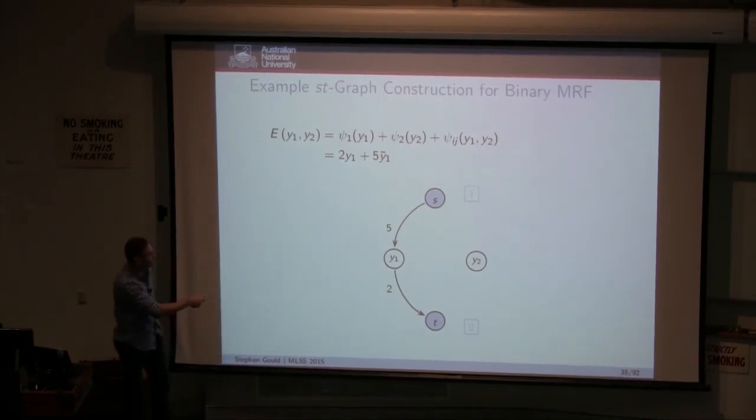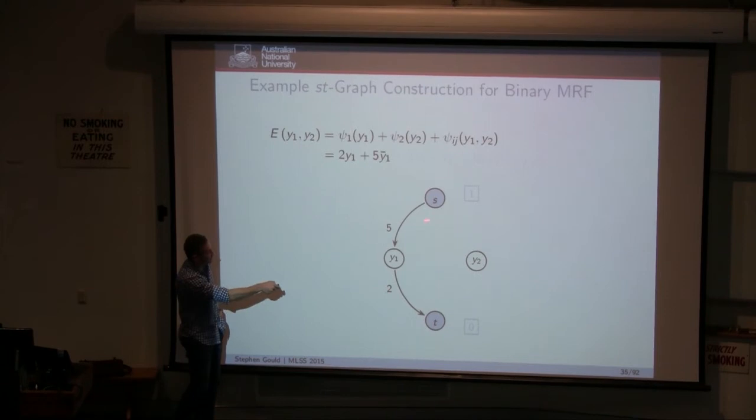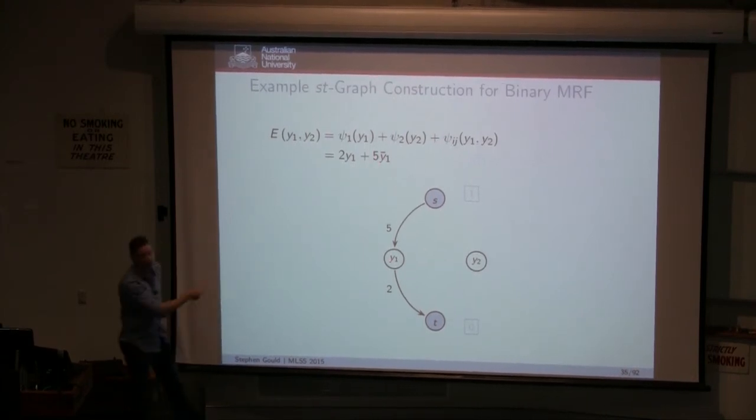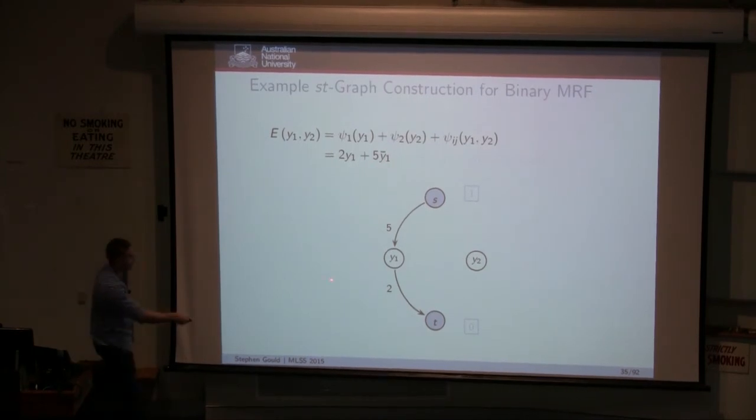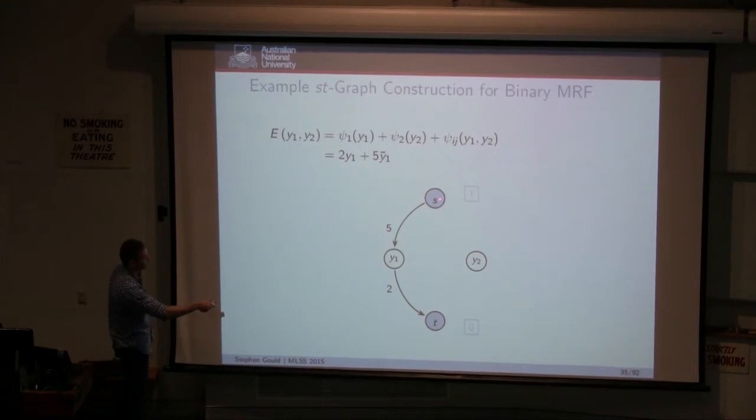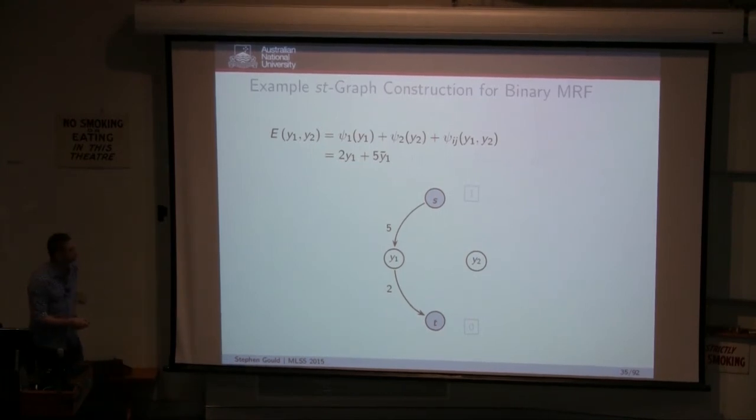And you can note already, if I cut this edge, so I put Y1 in the T set, what I'm doing is I'm saying Y1 takes value 0. That's going to cut this edge here. That's going to cost me 5, okay? Because 5 times Y1 bar, if Y1 is 0, it's 5 times 1 is 5, okay? Same as if I cut this edge here. If I cut this edge here, I'm saying Y1 goes into the S set, so it has value 1, and I get a value of 2 up here, okay?